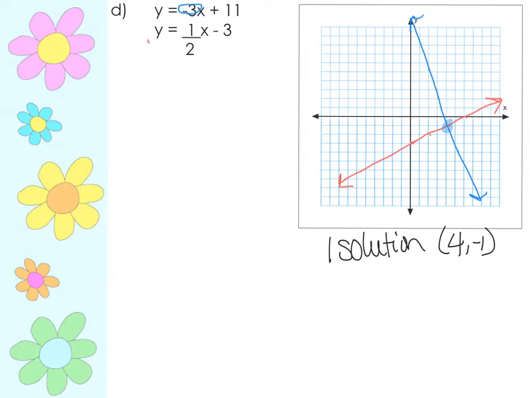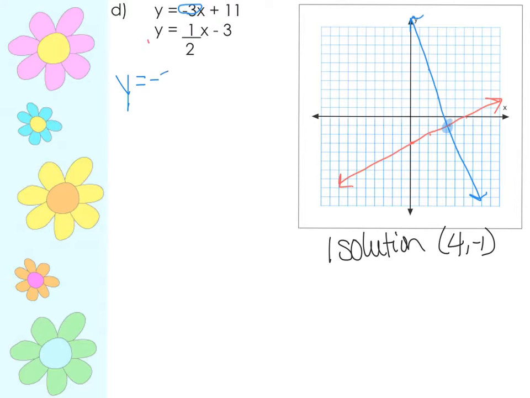The great thing about checking is you can find out if you graphed wrong or not. Because if we check this ordered pair, it's going to work in both of those equations. So let's just double check to make sure that ordered pair is correct. Because maybe I went up and I was supposed to go down at some point with my slope. Or I ran the wrong direction. Your checking will catch that for you.